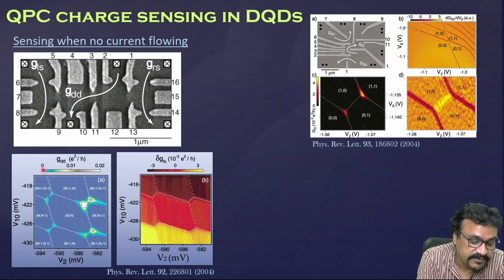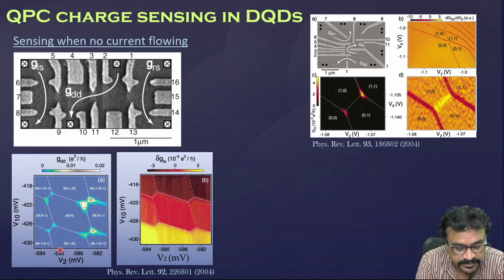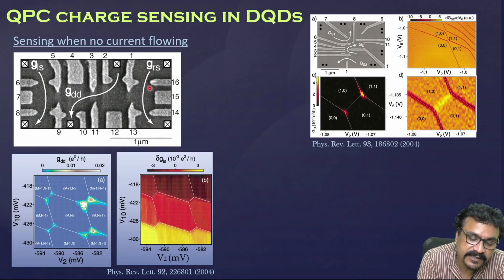You got that by measuring the direct current through the quantum dot. This is the conductance of the double dot as a function of two gate voltages. But you can get the same information if you sense the charge states of the system, either this channel or this one.